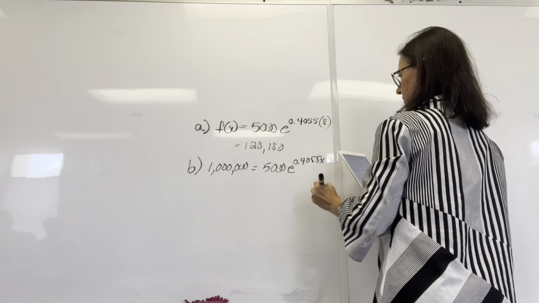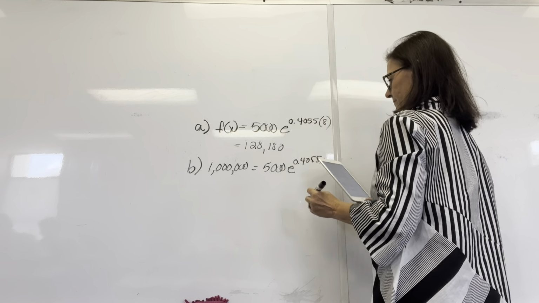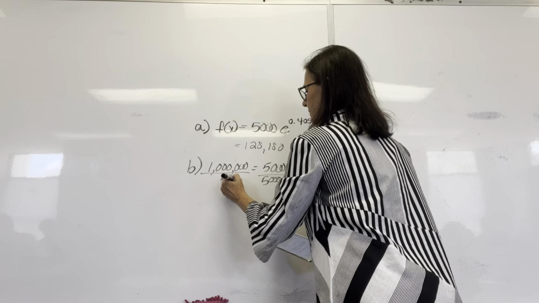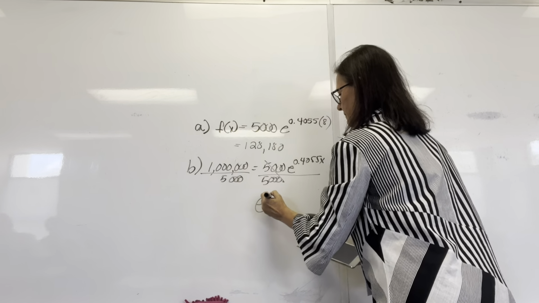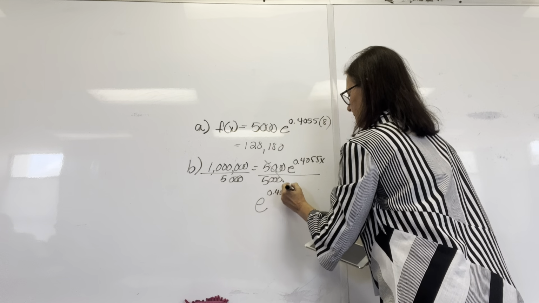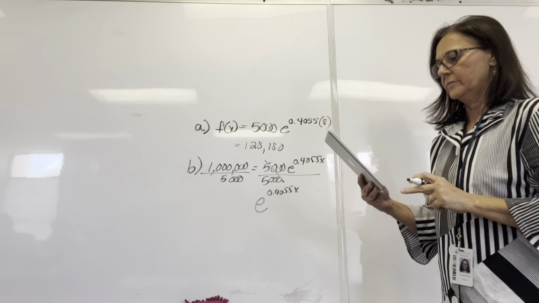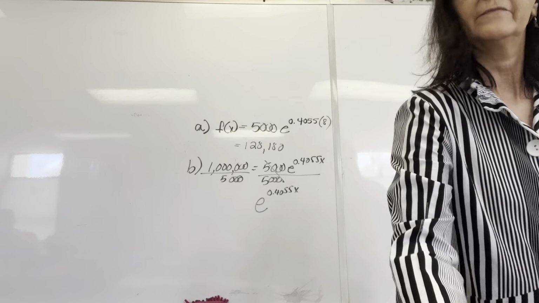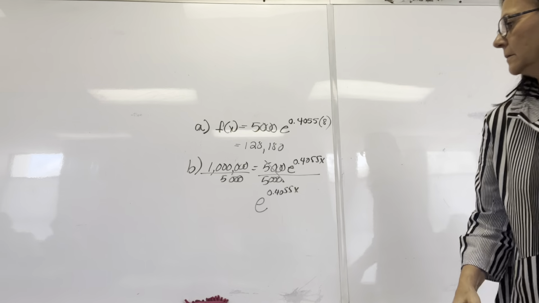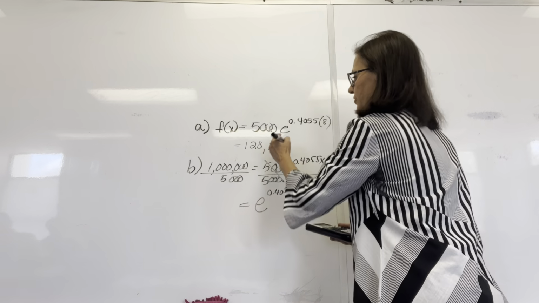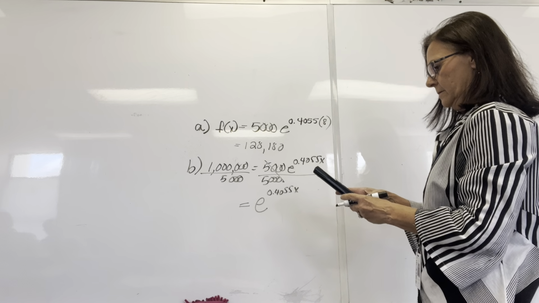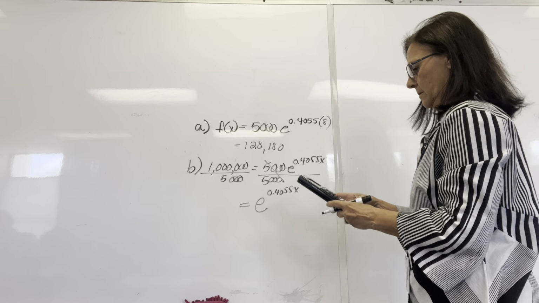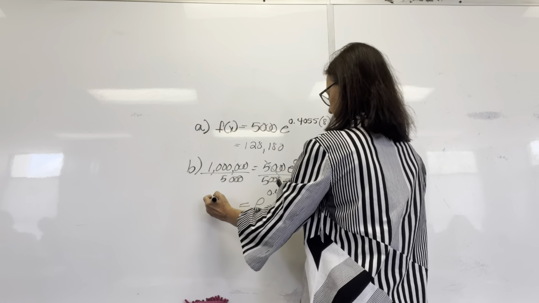What would you get on 7,500? The answer is 128,180. That's what I got. That's several bacteria. Did you use E? I didn't use E. I just multiplied by 8.